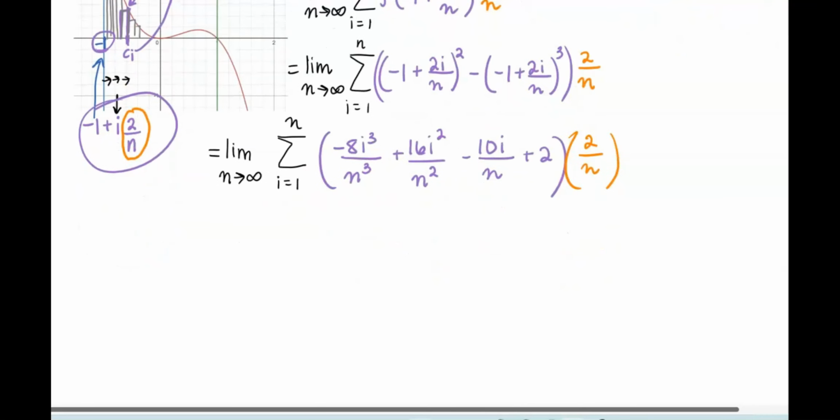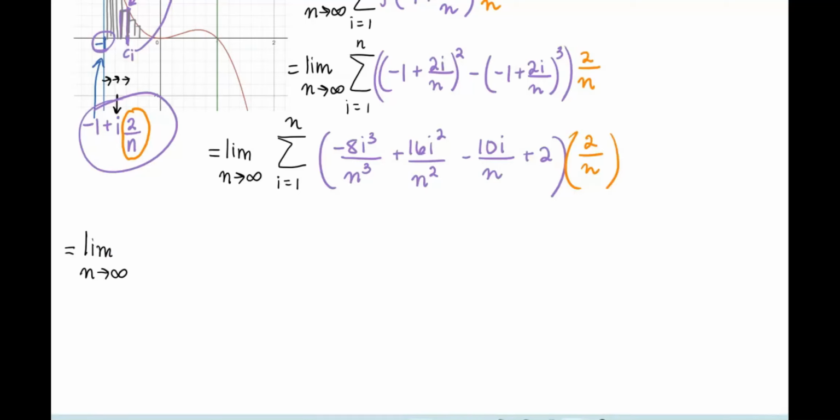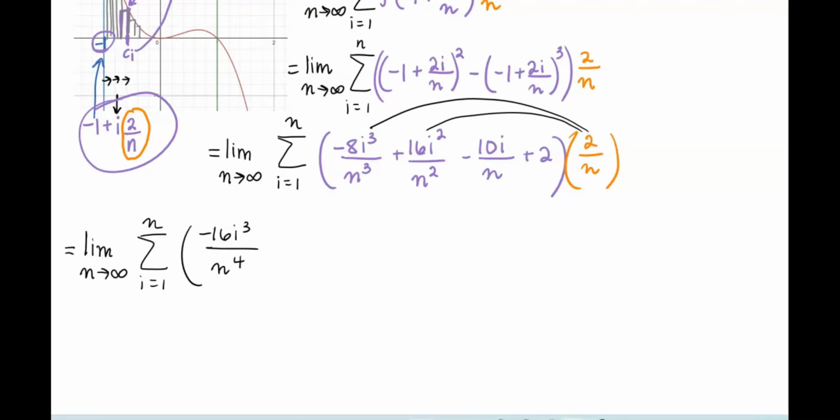Now I'm going to distribute that 2 over n in. Distributing the 2 over n, we have a negative 16I cubed over n to the 4th. That will give us a 32I squared over n squared.